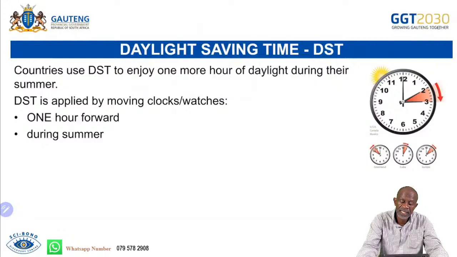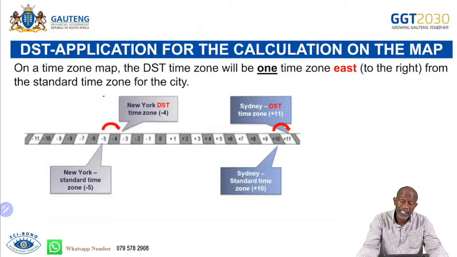So countries that practice daylight saving time would normally adjust their watches by 1 hour during summer. That is your daylight saving time.